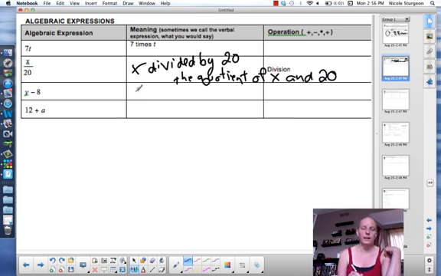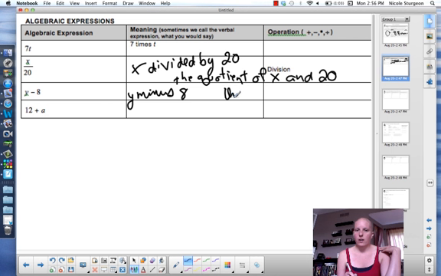So when we look at the last one, I know you want to say y minus 8. That's the most common, right? But y minus 8 is pretty basic. We're really going to be looking at the difference between y and 8, or the difference of y and 8.